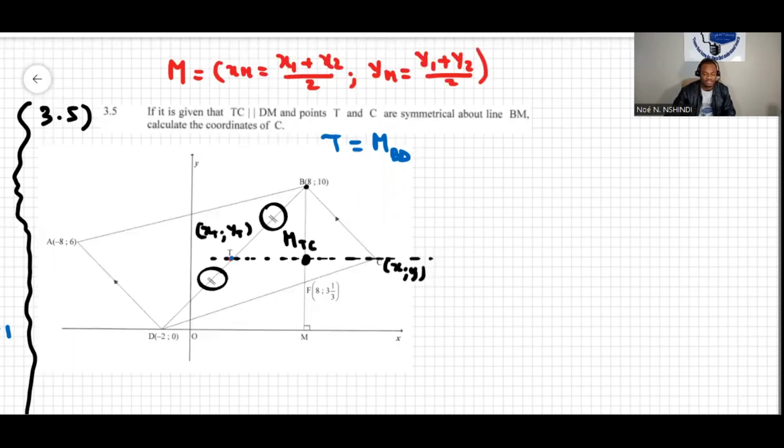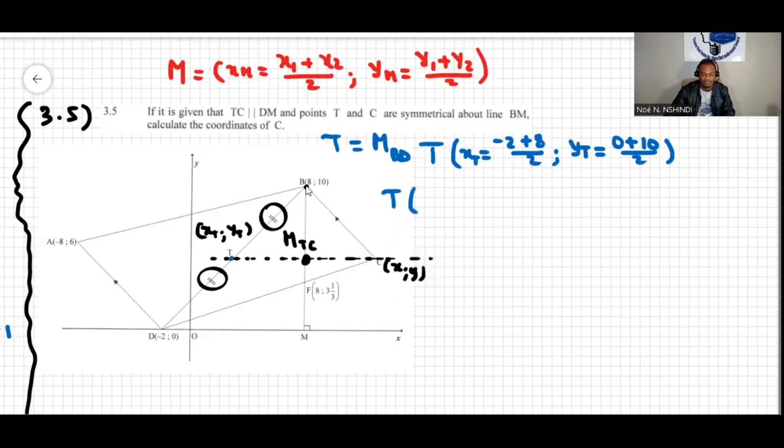That's the midpoint formula. Now the X coordinate of T will be -2 plus 8 over 2, and yt will be equal to 0 plus 10 over 2.